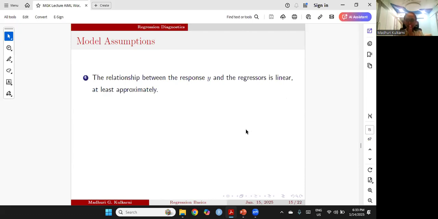See, ANOVA, take yesterday's example. Yesterday's example was if I have groups. Consider the example of the final score. Suppose I am teaching multiple classes and I am considering the final score of the 9th standard students of those classes and I want to compare them.